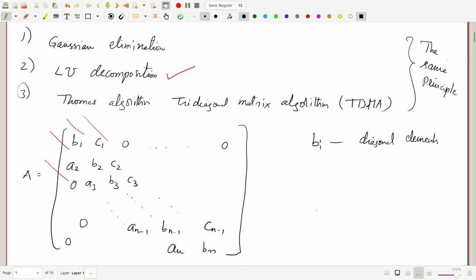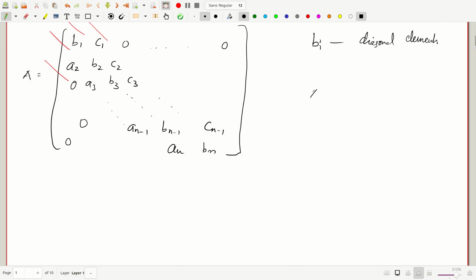Now in LU decomposition, you express your matrix A as a product of two matrices. The first one is known as L, a lower triangular matrix, but in this particular case it is actually a lower triangular banded matrix, and the other one is an upper triangular matrix.